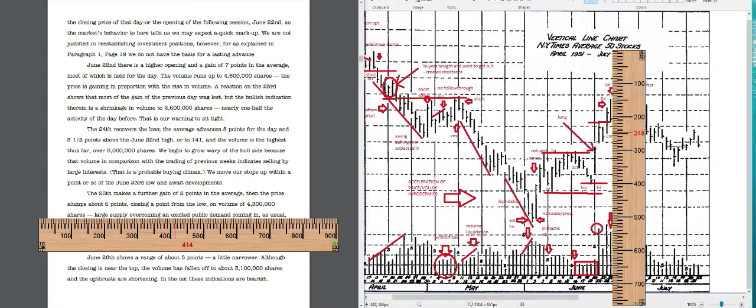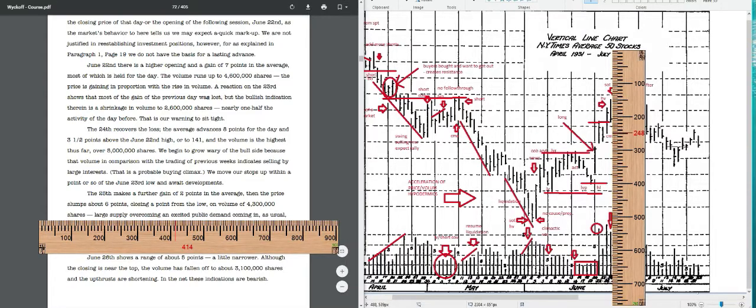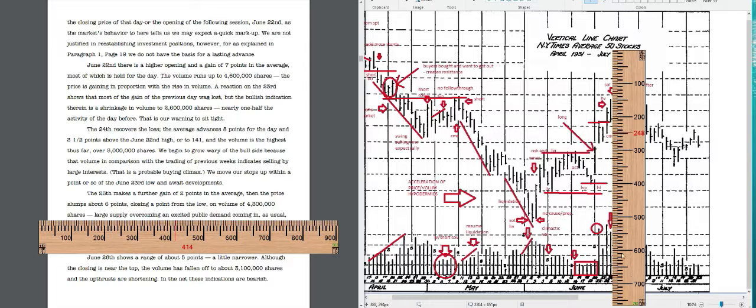That is just a point from the low on a volume of 4.3 million. When you have a climax and then a reversal on high volume, meaning there's a green bar with a lot of volume and a red bar with a lot of volume, the way I interpret it is professional selling is meeting formal buying. This is what happens.